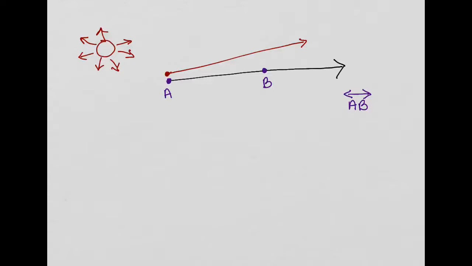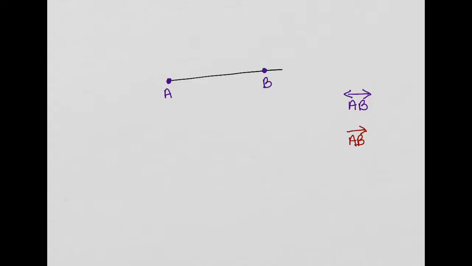So for this one, we would call this ray A, B. Let me remove this ray. When we want to just talk about the segment between A and B, that's when we call it segment A, B. And we are only talking about this part right there.